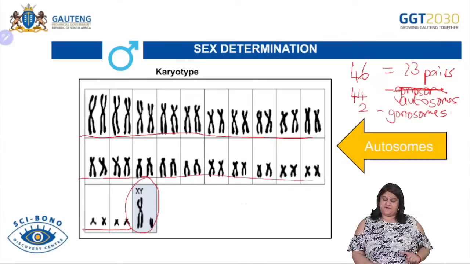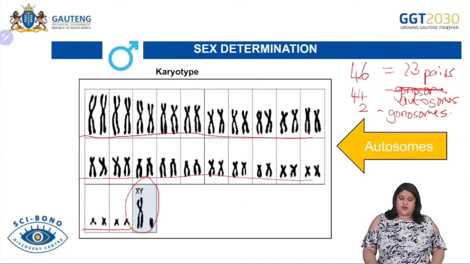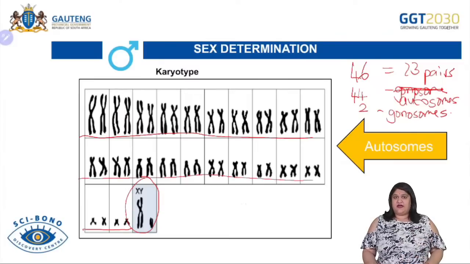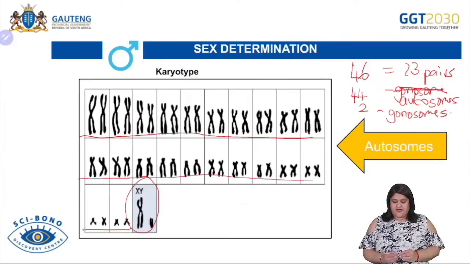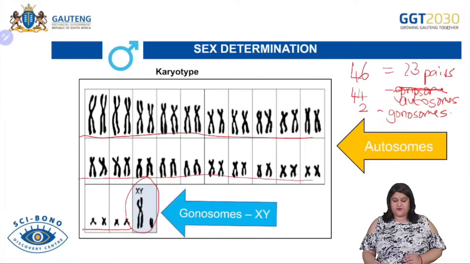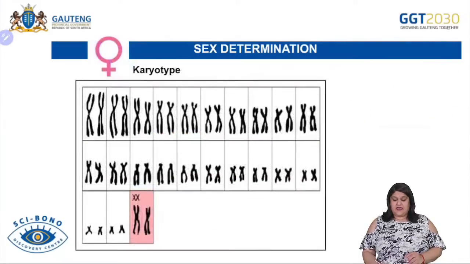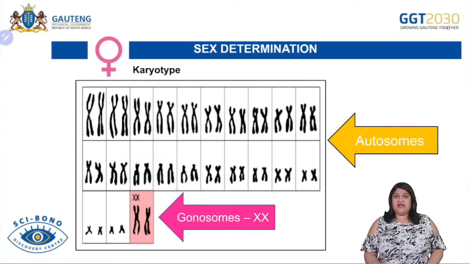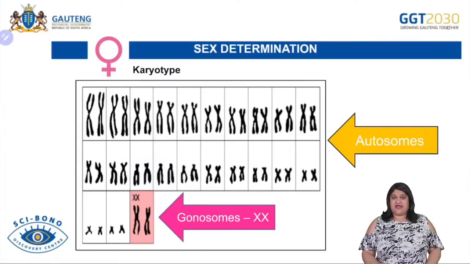So, how do we know the difference? When you look at those two gonosomes, if it has an X and a Y, then it will be a male. And then the next picture that I have for you is an X and an X. You can see over here that's indicated in pink. The XX is indicating a female. Okay, so it's important to understand that you can use it.